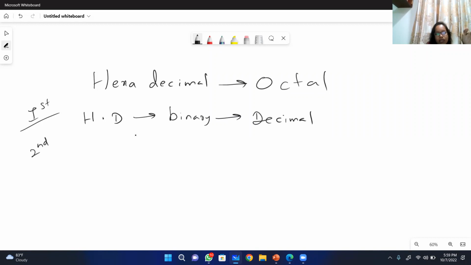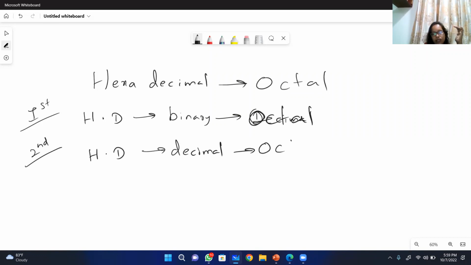The second method is you can convert the hexadecimal value into decimal, then that decimal value into octal. Like the previous one, how we did octal to hexadecimal, we also followed 3 steps. So here also it is the same, right? We'll follow the first method first.